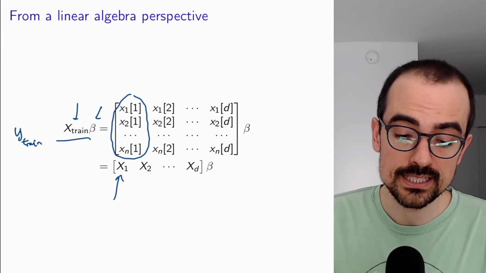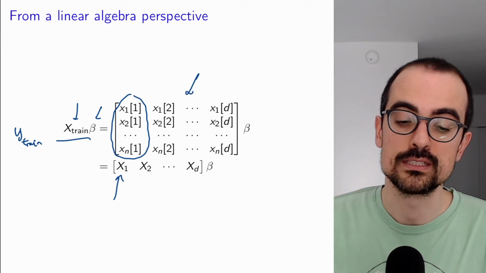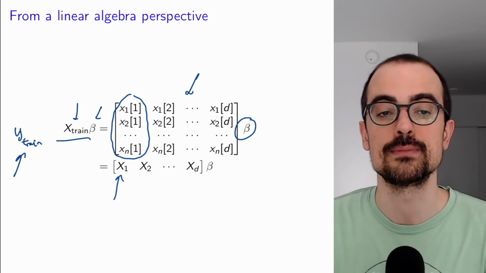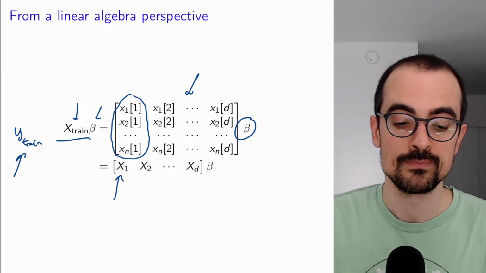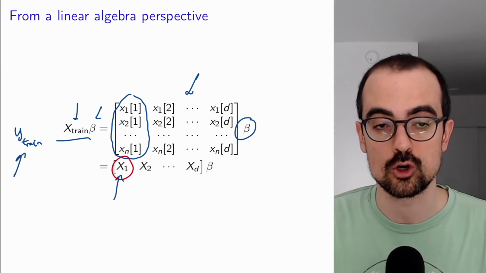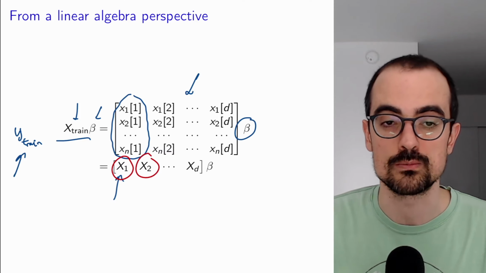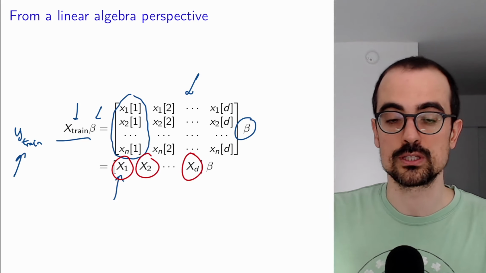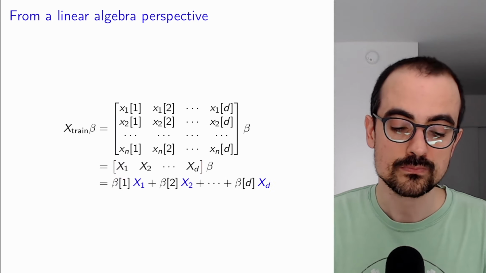Basically, this is the matrix that we obtain when you put all of these feature vectors together. When they hit the coefficient vector, we want it to approximate the response vector as well as possible. We're going to have this notation where x1 is the column corresponding to the first feature, x2 the column corresponding to the second feature, xd the column corresponding to the last feature.